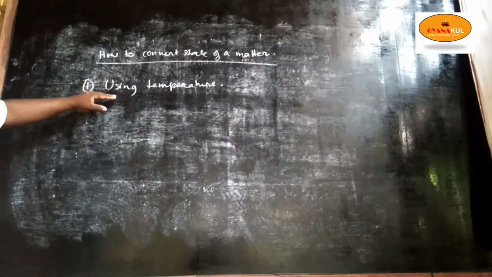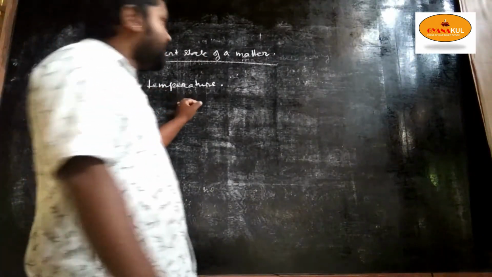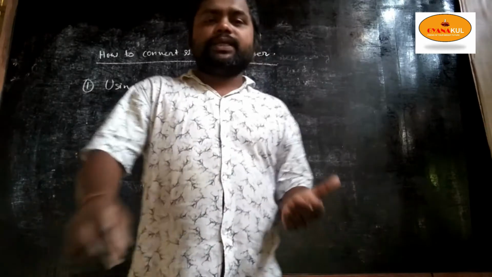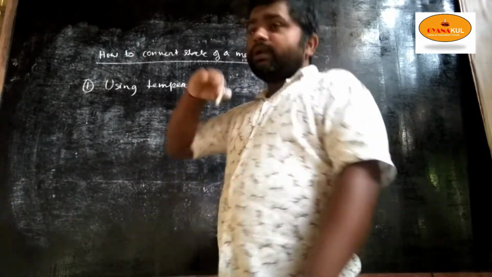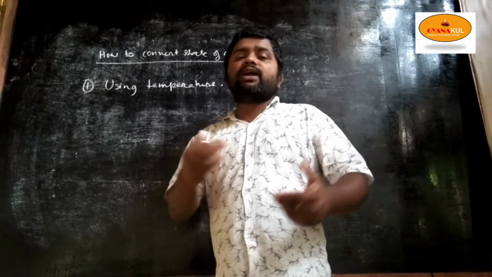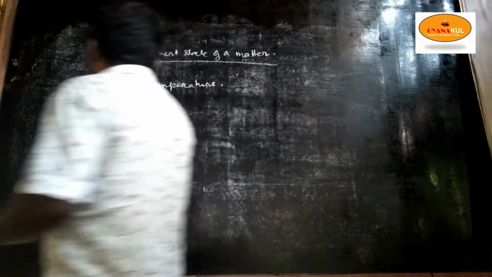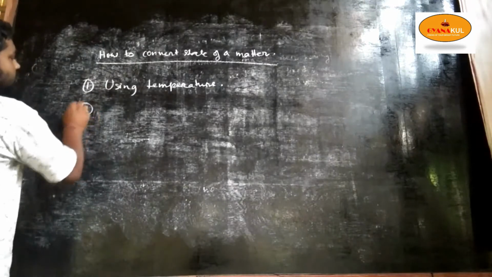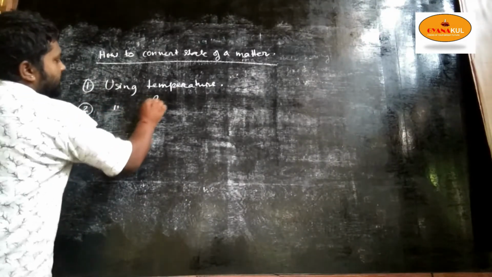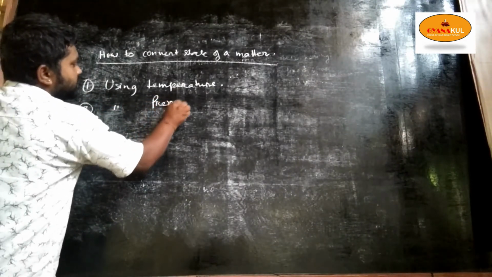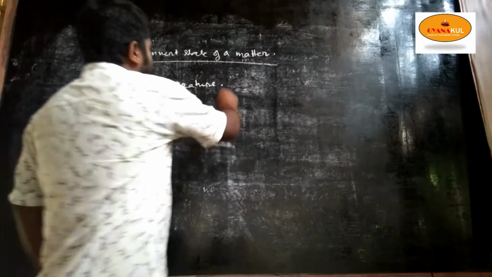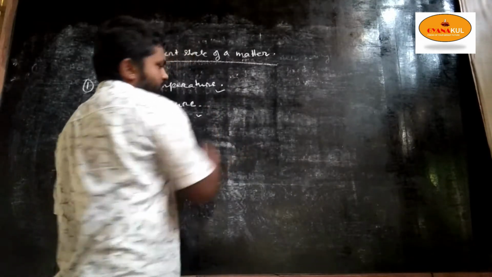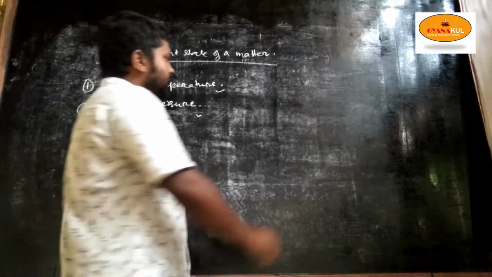One is by using temperature. One more way to convert the state of a matter is by using pressure. We'll go into detail to explain these things: using temperature, then using pressure. Let us see this.